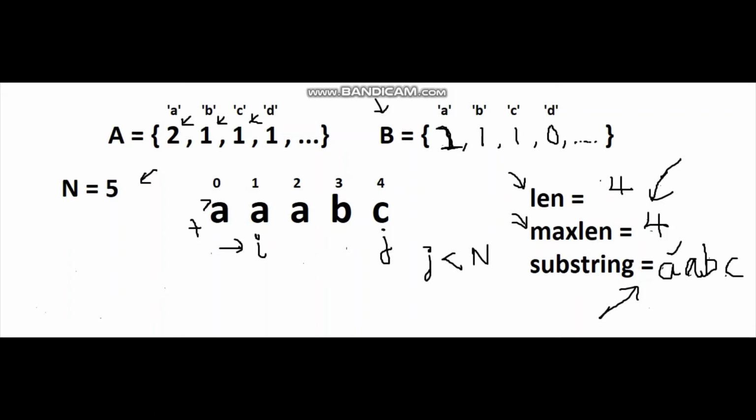Our j is at the fourth index. When we do 4 plus 1, which is 5, it fails this condition. So the max length we have got is 4, and the string we have got is ABC. If you recall, from the sample output the answer is 4 and ABC.